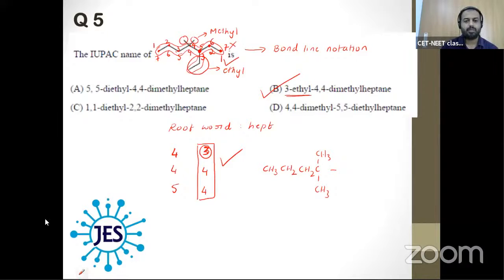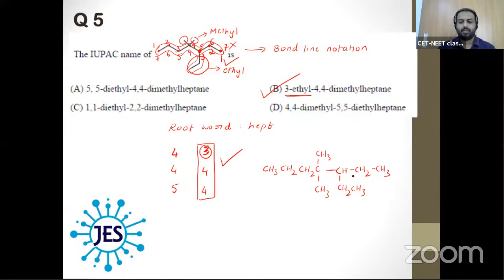C, CH, CH2, CH3, then CH2, CH3. See how time consuming it is? That's why bond line notations are so convenient.